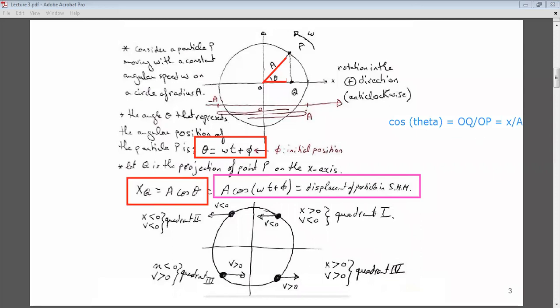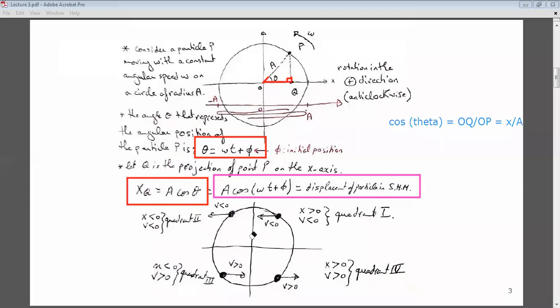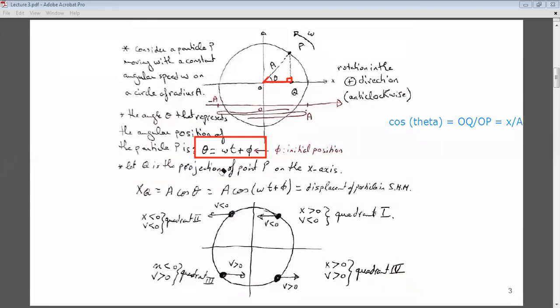Now, let's review a little bit of trigonometry. x is equal to A cosine of omega t plus phi. Cosine of an angle is positive in quadrant 1 and in quadrant 4, right?